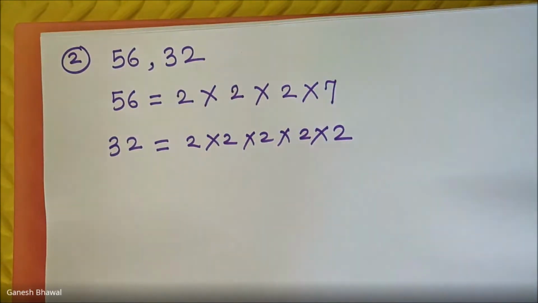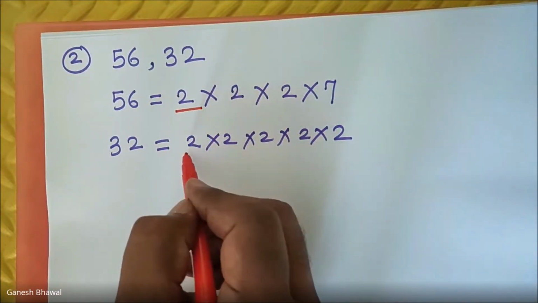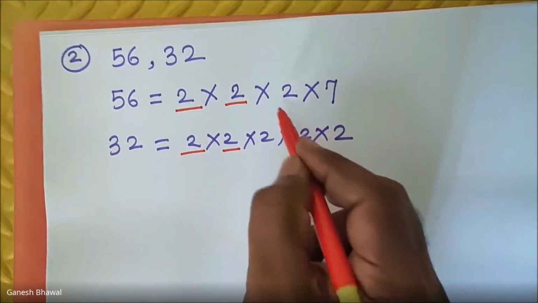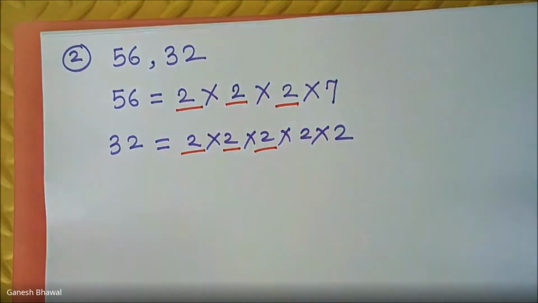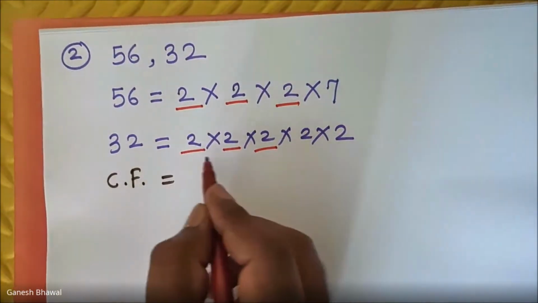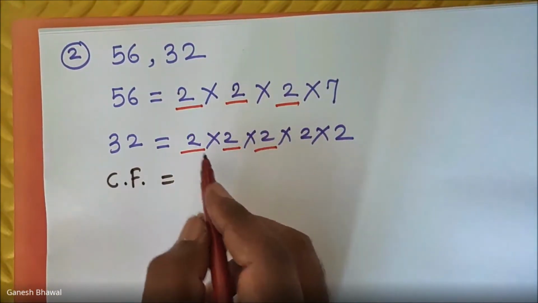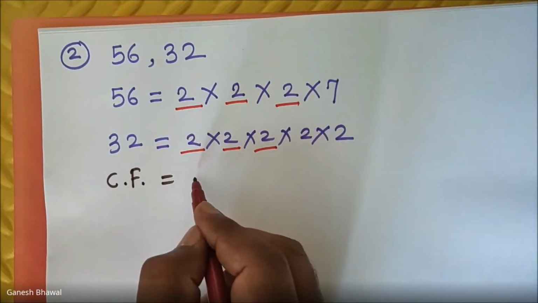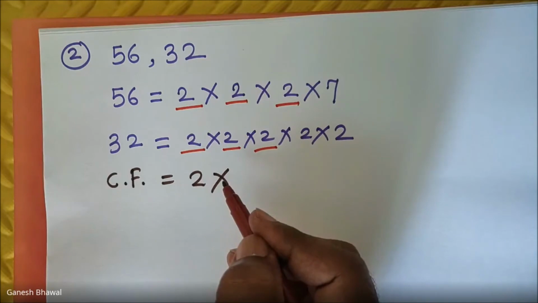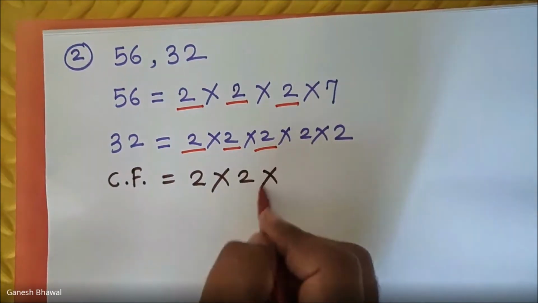You have to underline the common factors. Here 2, 2, 2, 2. Here 2, here 2. Write out the common factors. One number from each pair, you have to take it down. 2 into 2 into 2.